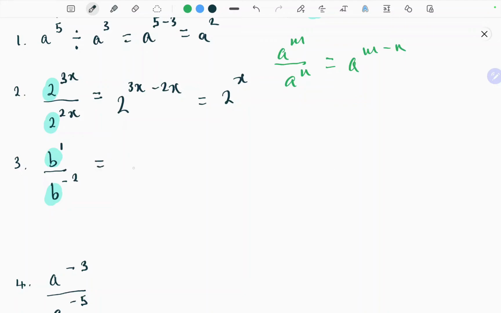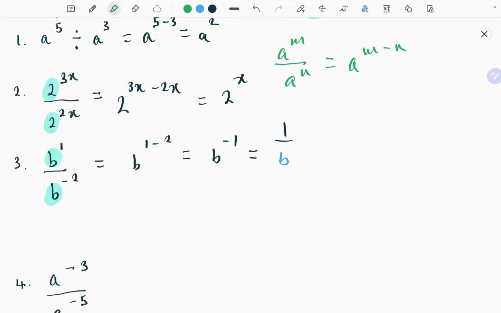So this should be b to the power of 1 minus 2, which is b to the power of negative 1, or 1 over b. Okay, it's 1 over b, right?